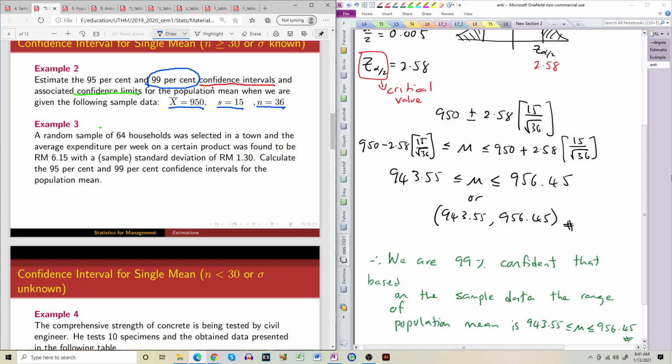Try to do for both 95 and 99. I'll give you the answer, both answers together.